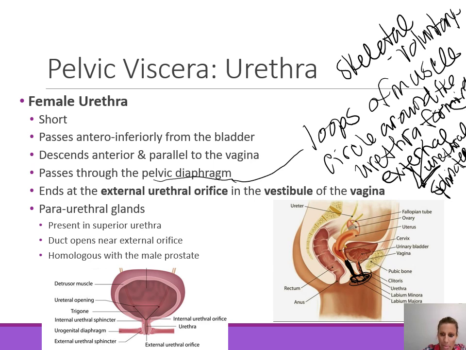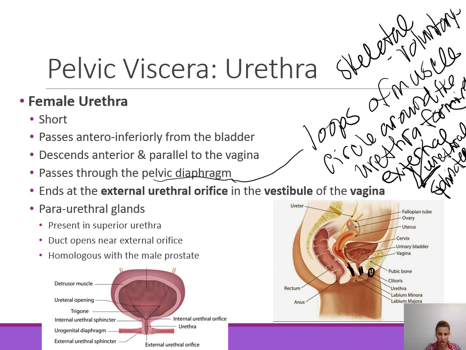So the urethra opens up into the anterior portions of the vestibule of the vagina, just posterior to the clitoris, which you see right here. So it's between the clitoris and the actual vagina itself, the vaginal orifice.